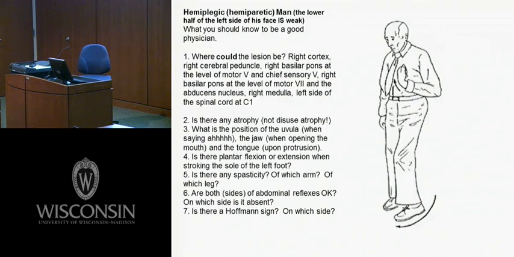Make sure before you leave this slide that you can list all lower motor neuron deficits associated with motor 5, motor 7, ambiguus, hypoglossal, spinal accessory, and then differentiate those from the corticobulbar problems that you're going to see with cranial nerve 7 and cranial nerve 12.